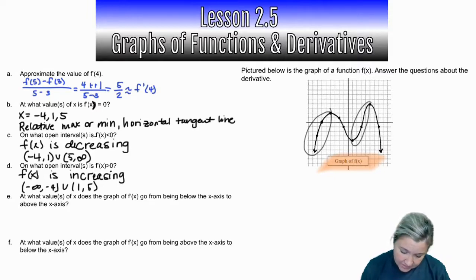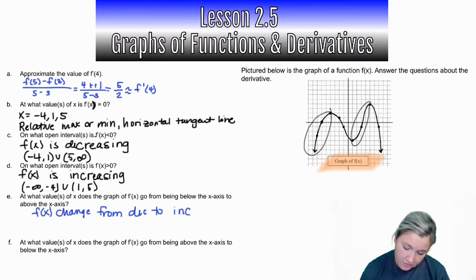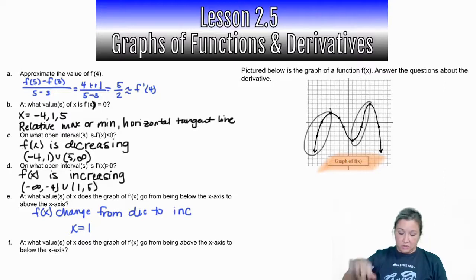Basically, this is asking, where does f of x change from decreasing to increasing? Okay, so this is going to be at x equals 1. This is the only time it goes from decreasing to increasing.